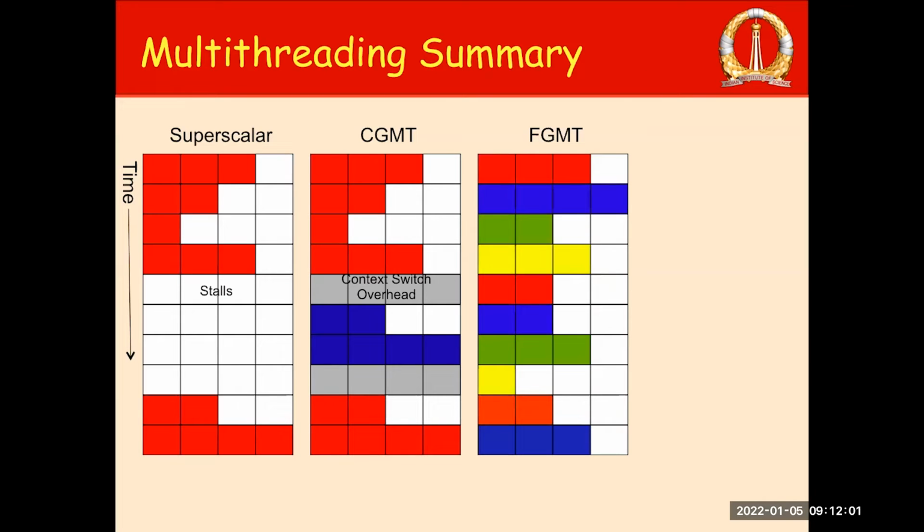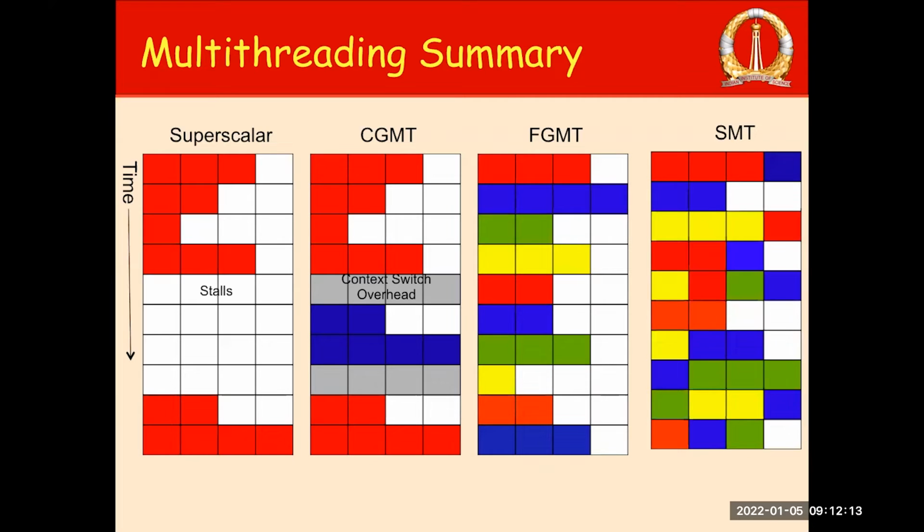In fine grained multi-threading, you do a context switch on every cycle and start executing instructions from different threads, but within each cycle you only have instructions of the same thread. Lastly, we have the simultaneous multi-threading architecture, in which you could pack instructions from different threads and issue them on the same cycle.